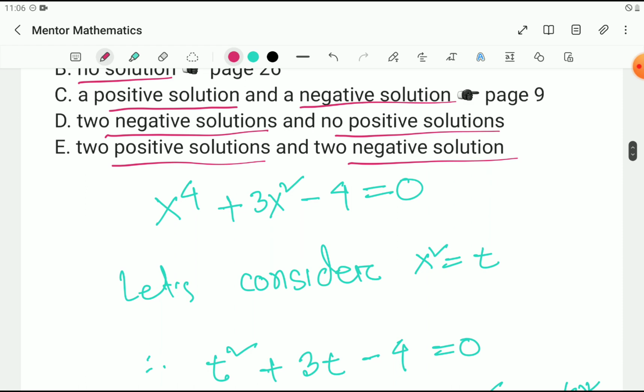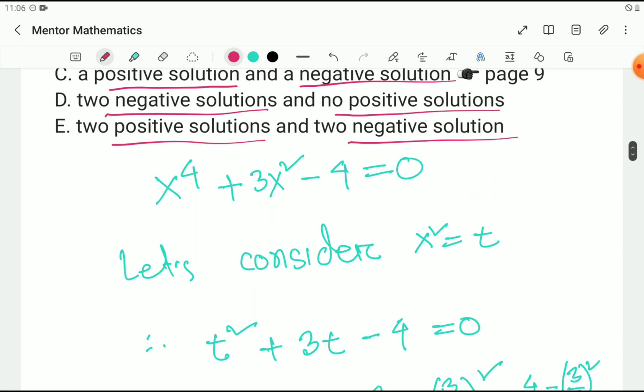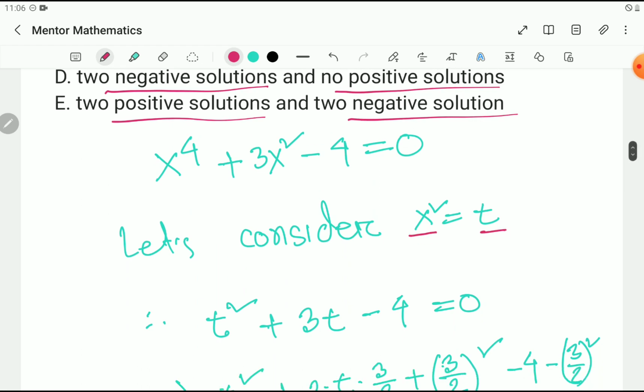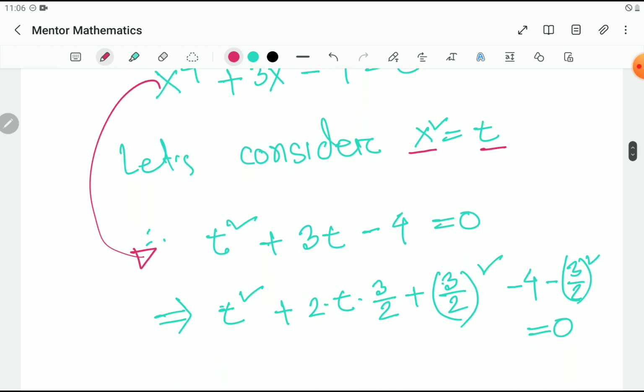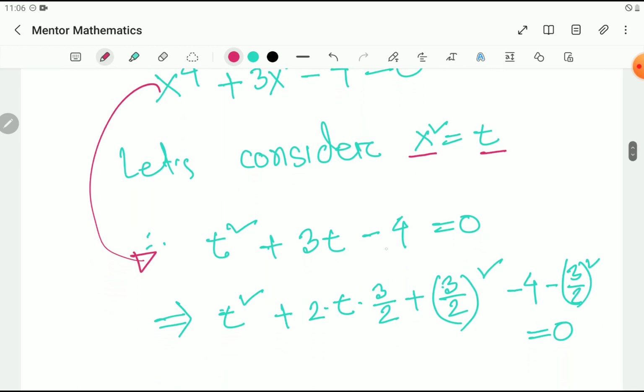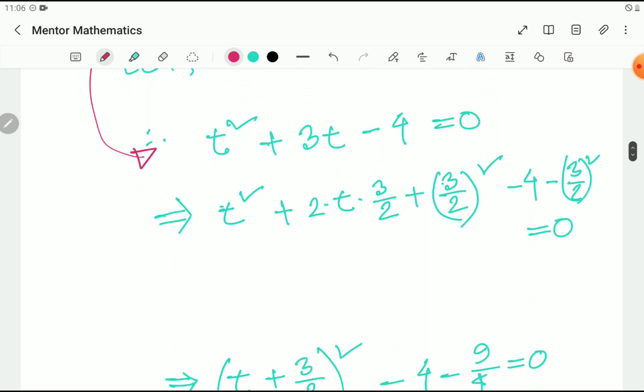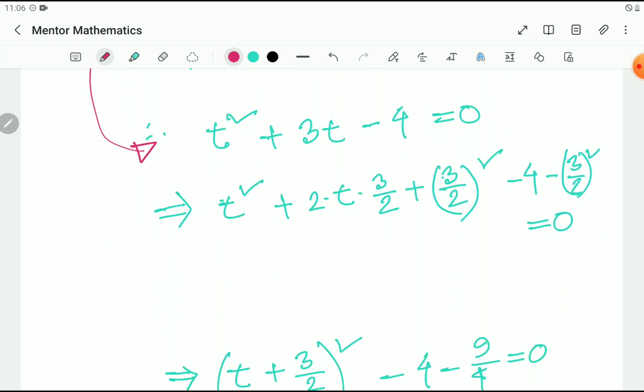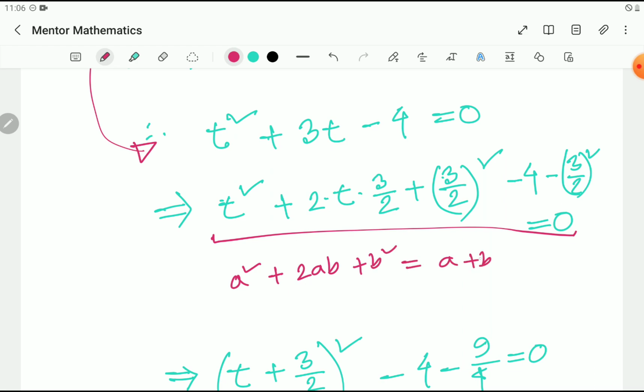To solve this problem, we can consider x square equal to t. Then the equation becomes t square plus 3t minus 4 equal to 0. Then we can organize it so that we can write it according to the formula a square plus 2ab plus b square equal to a plus b whole square.